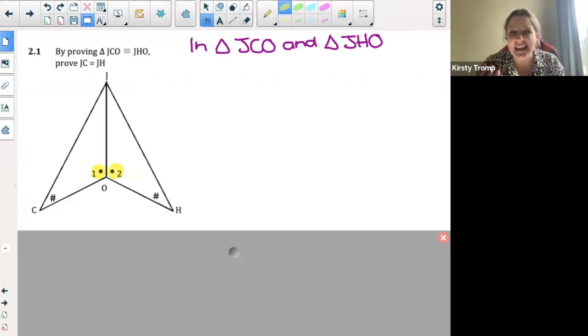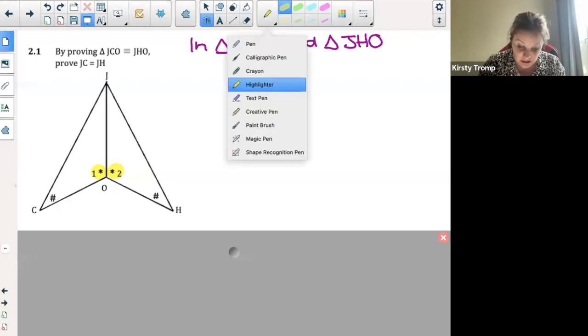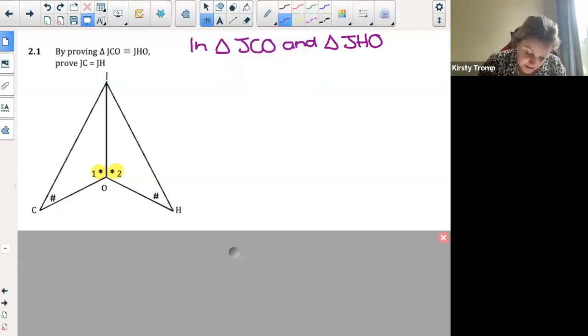What is that telling me? That the two angles are equal to each other. So I'm going to say number one, angle O1 is equal to angle O2.